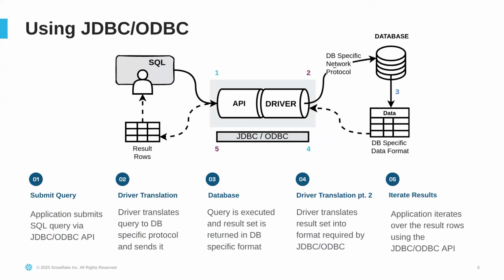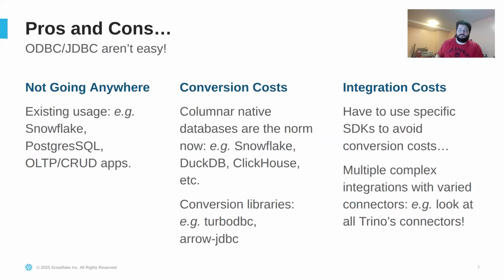And I'll explain. Now, there are pros and cons to ODBC and JDBC. One of the benefits is that they are not going anywhere. JDBC and ODBC have been around for decades. And while the specs and the APIs have expanded, in general, they haven't changed that much.